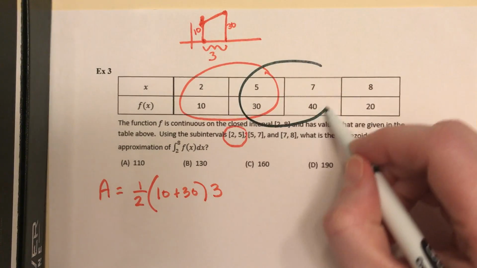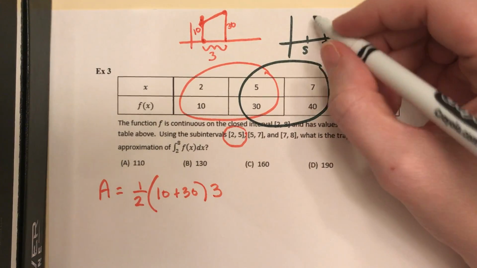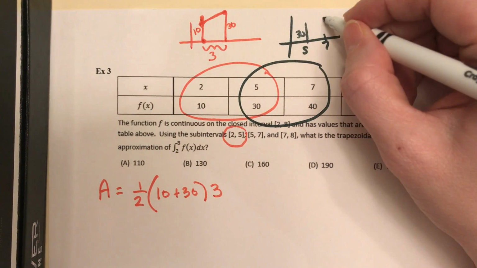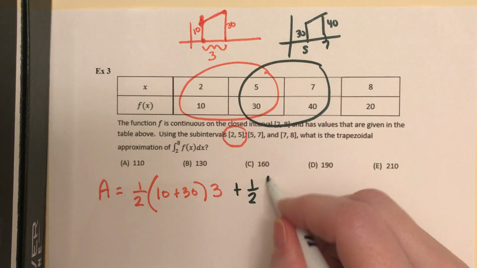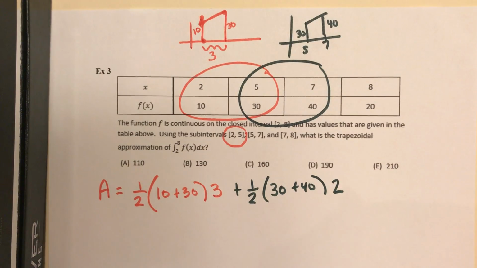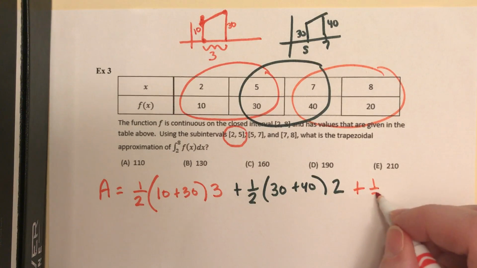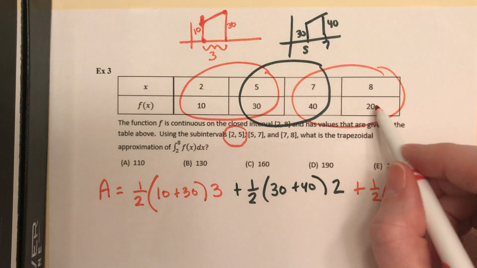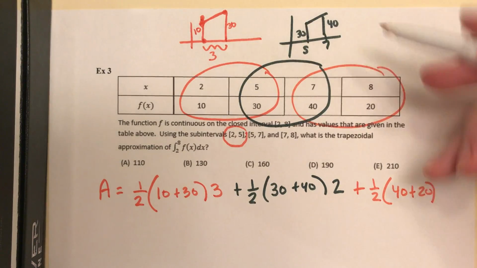The second trapezoid goes between 5 and 7, has heights of 30 and 40. So 1/2, the bases are 30 and 40. The distance in between is 2. And then our last trapezoid goes between 7 and 8, so 1/2. The two parallel sides would be 40 and 20. The distance in between would be 1.